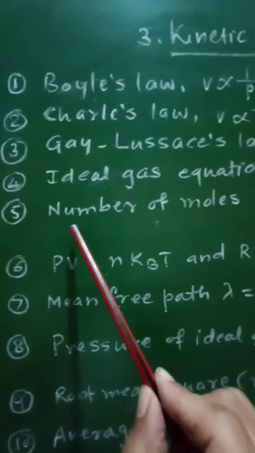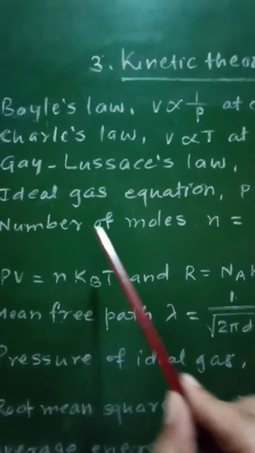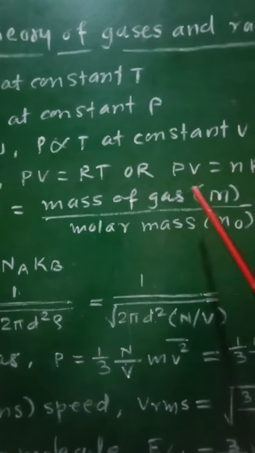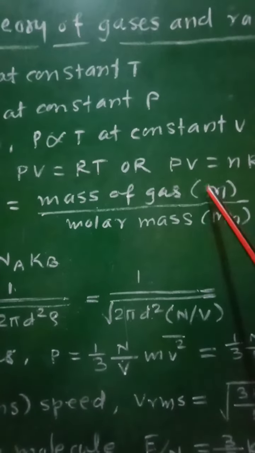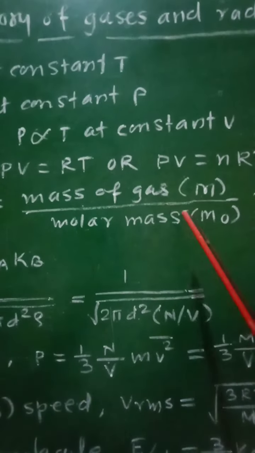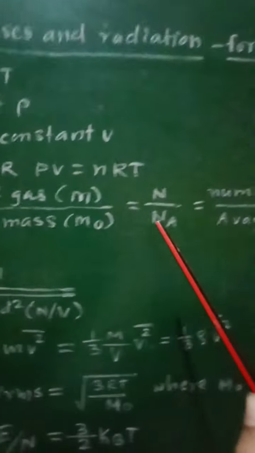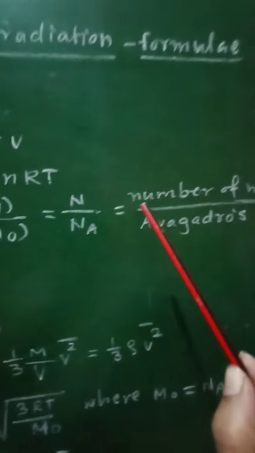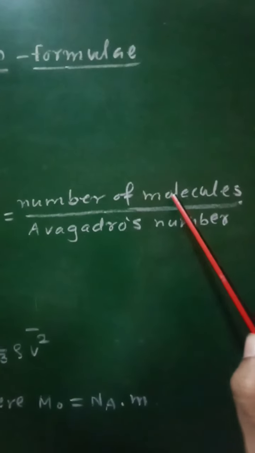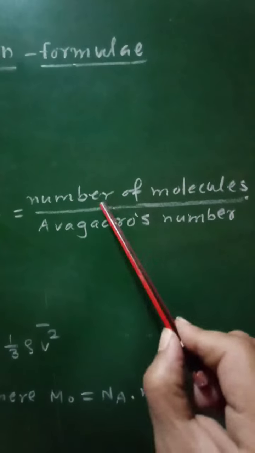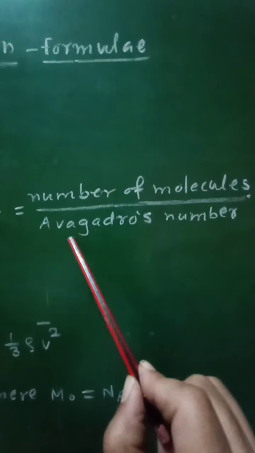Fifth formula for number of moles. Number of moles n equal to mass of gas m divided by molar mass M0. That will be written as N upon Na, that is number of molecules upon Avogadro's number, number of molecules divided by Avogadro's number.